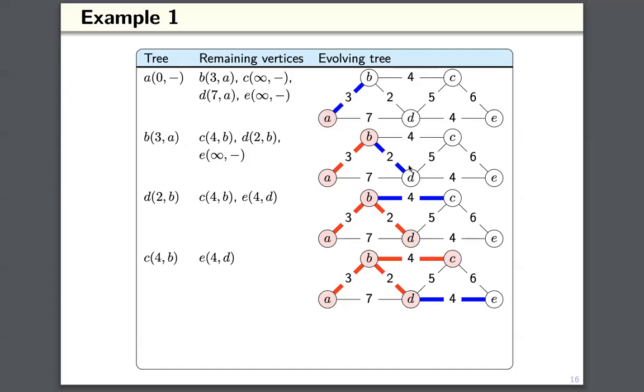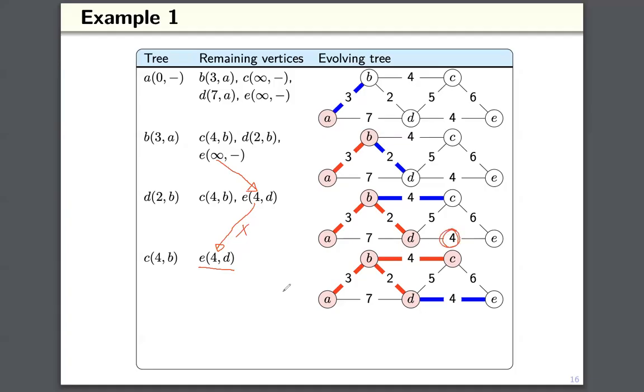No, it won't decrease the value. The distance of E from the tree remains the same. See, when you added D, only then the value of E was updated from infinity to 4. So from here to here, it was not updated at all because the shortest distance is still 4 from the tree.